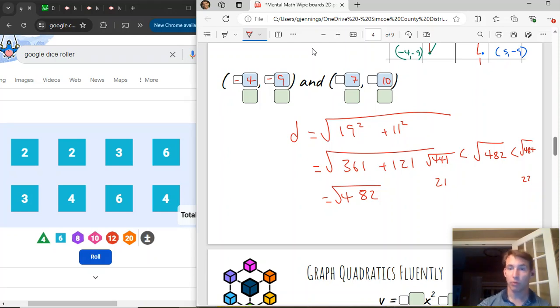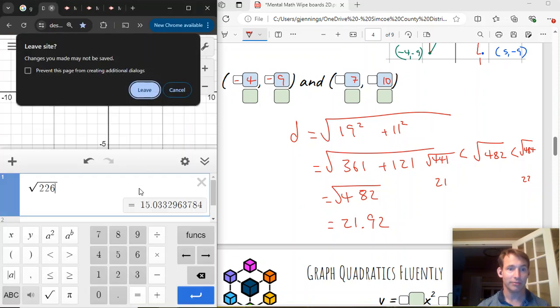So I predict the square root of 482 to be equal to 21.92. That's my guess. So let's check it.